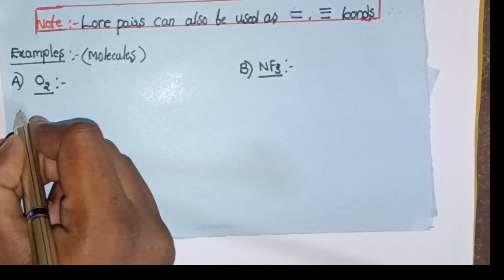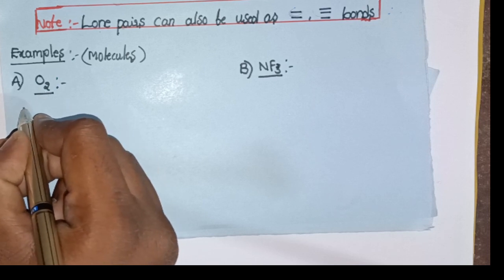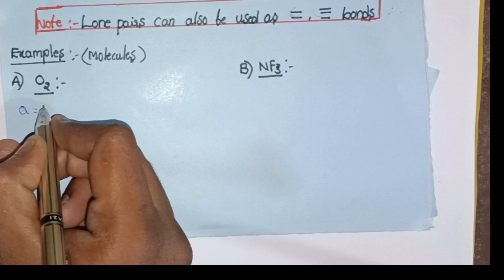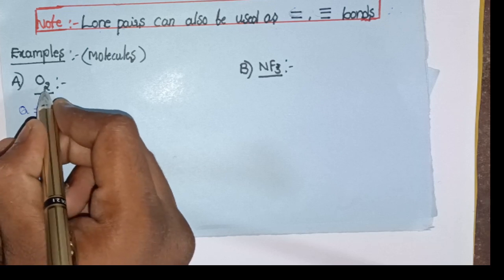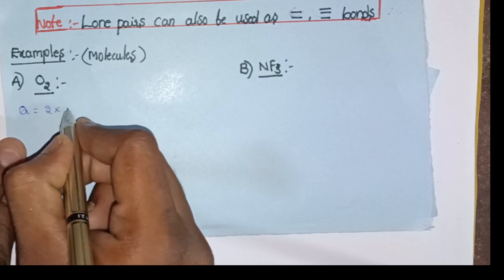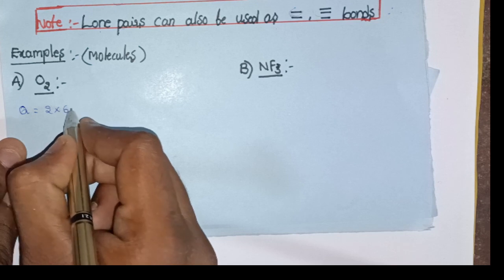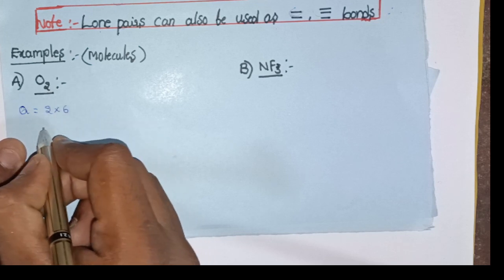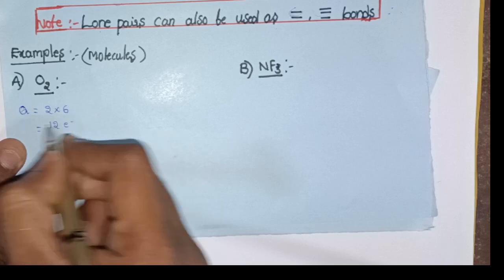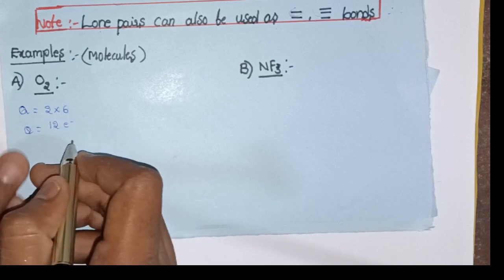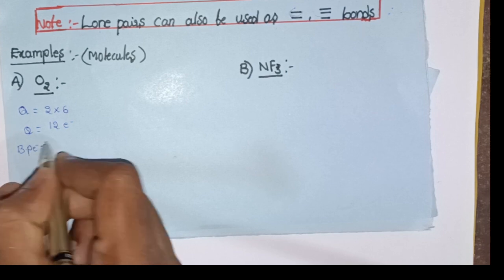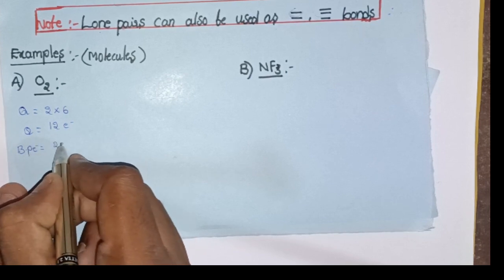Let's see some examples for clarity of this concept. For O2, we first calculate the total number of electrons. Q is equal to valence electrons of all atoms. Here there are 2 oxygen atoms, so 2 into the number of valence electrons 6. There is no positive or negative charge in this molecule. So 2 sixes are 12 electrons. The total number of electrons in oxygen is 12. Let's count bond pair electrons. Bond pair electrons are 2 electrons.